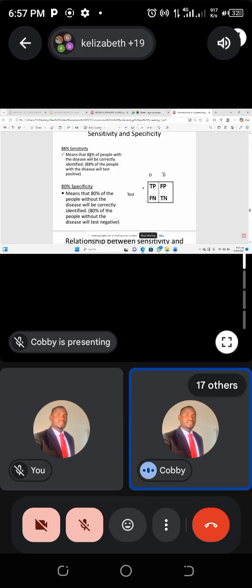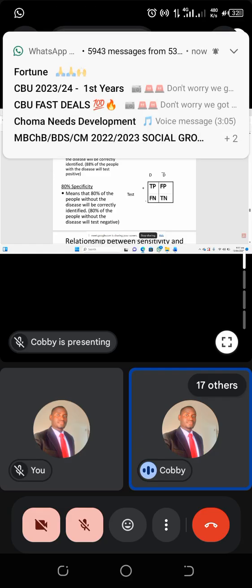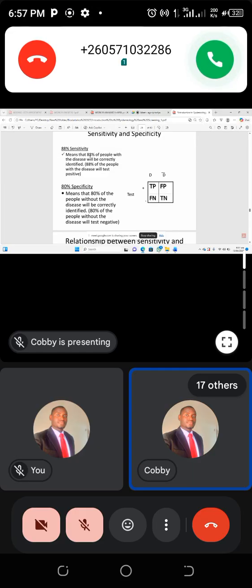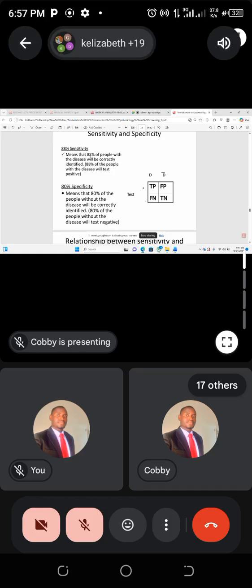Meanwhile, we know that the other, 100 minus 88, is what? 12, right? So 12% of them are going to test negative when they have the disease.